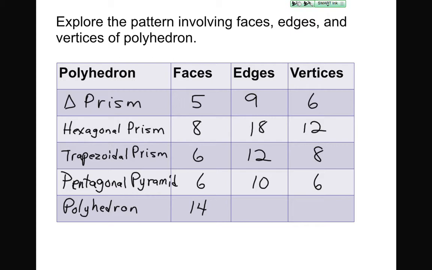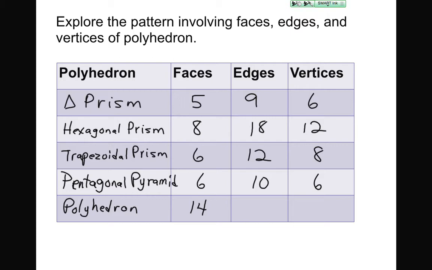Right, while she's counting, let's see if we can determine, there is a pattern as far as how many vertices, faces, and edges there are. And it has to do with adding two of those columns, vertices and faces, or edges and vertices. Add two of them and then see how it relates to the other column.